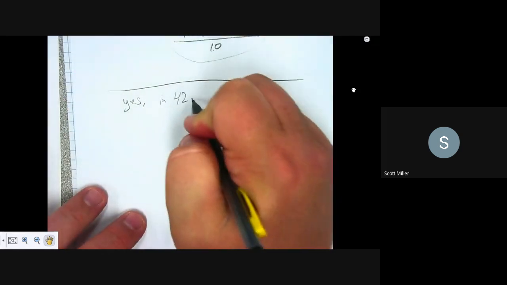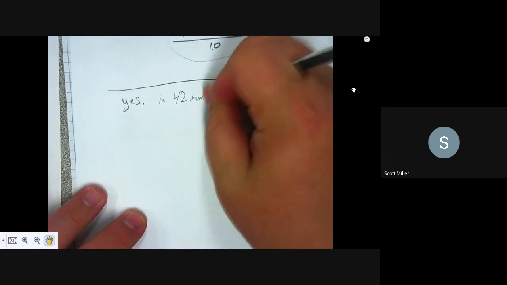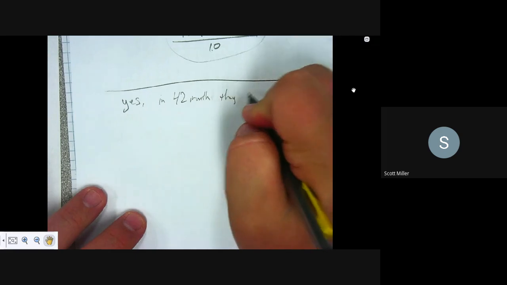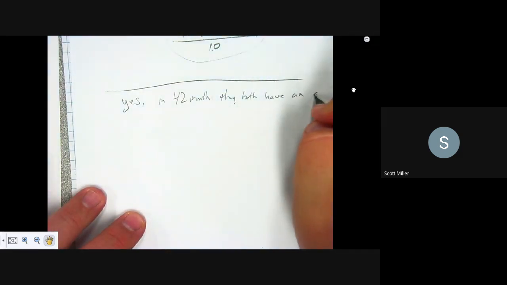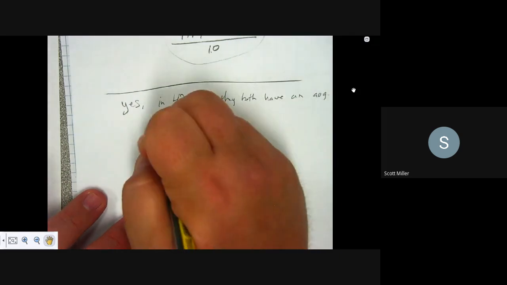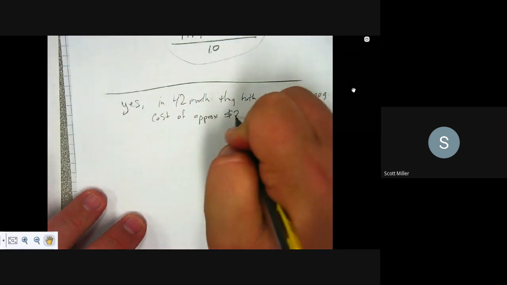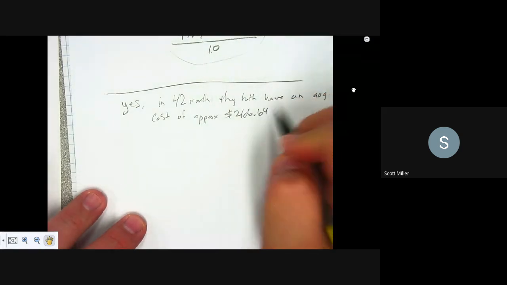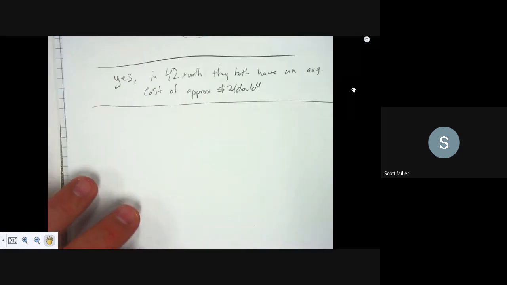In the 42nd month, they both have an average monthly cost of approximately $266.64. So that's how you would answer it with a complete sentence using their information to answer the question that they asked.